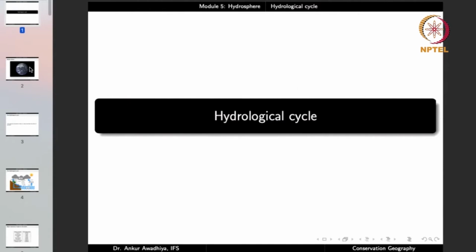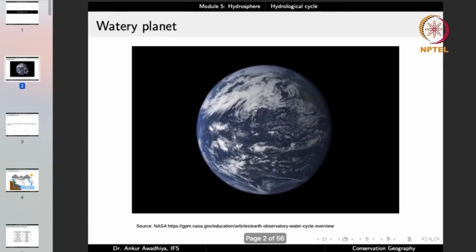Now we have seen before that the earth is a watery planet. A large portion of the earth, as much as around 70% of it, is covered with water bodies including seas and oceans. We also have water on the surface, above the surface and below the surface of the earth.